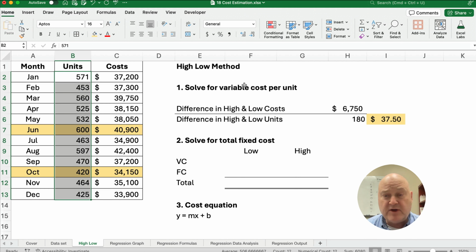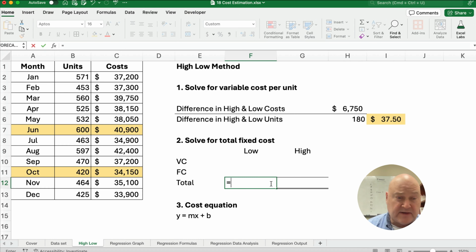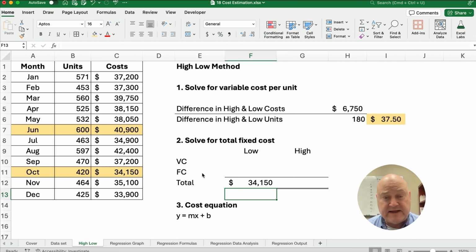Now, once we know the variable cost, we can solve for the total fixed cost. So at the low level, here's what we know. At the low level, we know our total costs are $34,150, and it's made up of 2 components, variable cost and fixed cost.